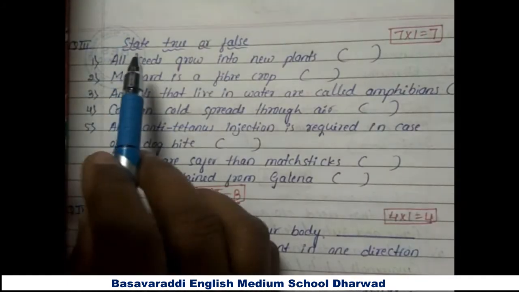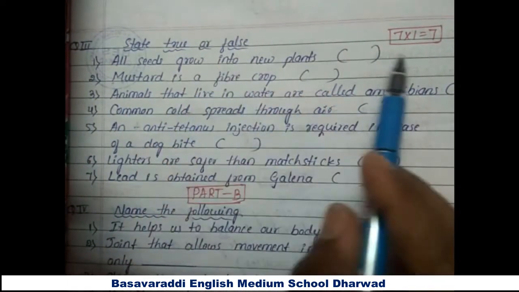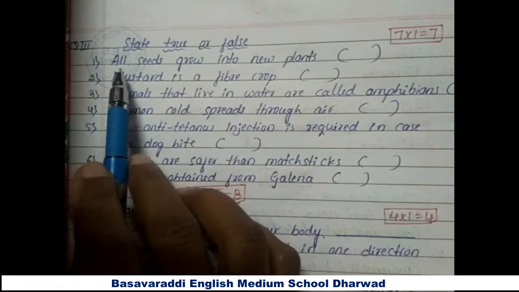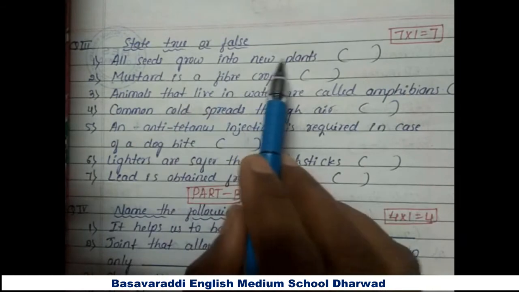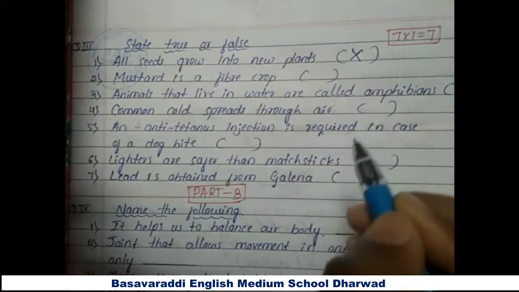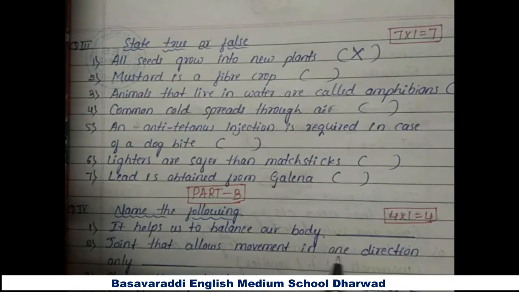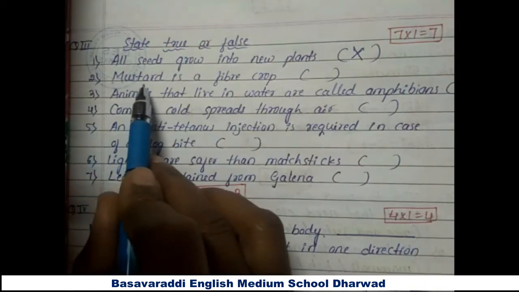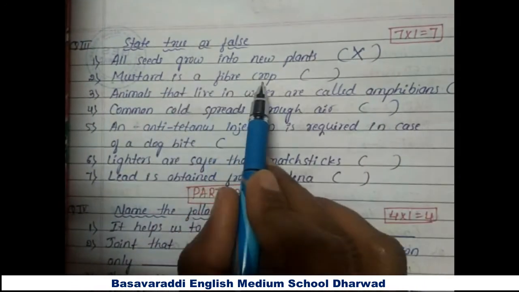Question number 3. State true or false. There are 7 questions, each carries 1 mark. First one, all seeds grow into new plants. Wrong. Why? Because only the seeds that survive and get favorable conditions grow into new plants. Second one, mustard is a fiber crop.